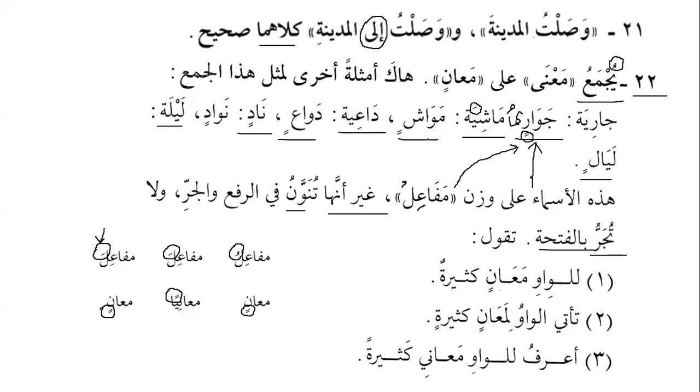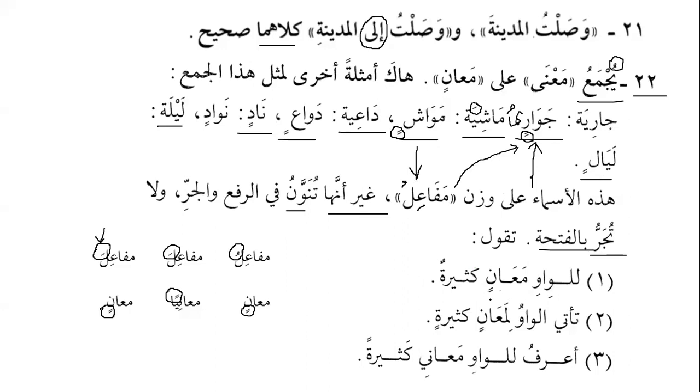Similarly, this one was mawashiyu, and again dhamma has been dropped, ya has been dropped, and it has changed into kasratain. So original form is on the pattern of mafa'ilu, mawashiyu, but the ya has been dropped and it has been replaced by kasratain. So if we look at the examples, inshallah it will be clearer.